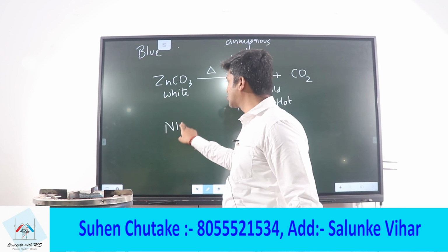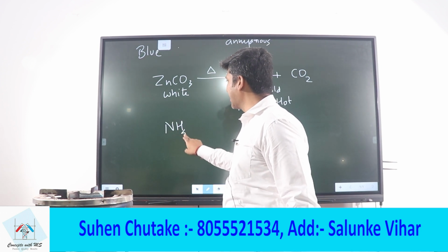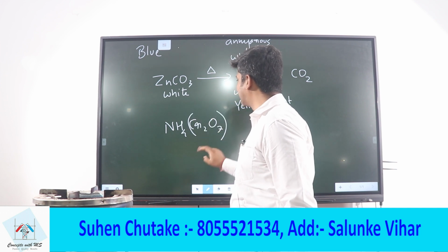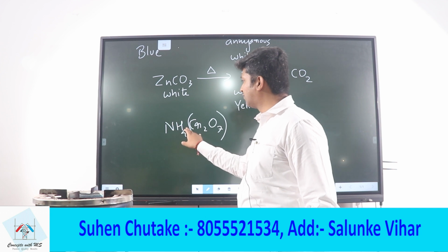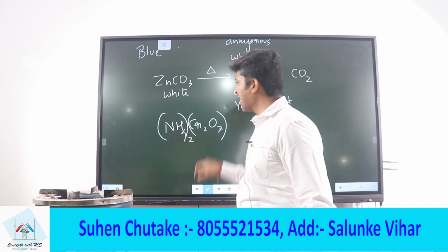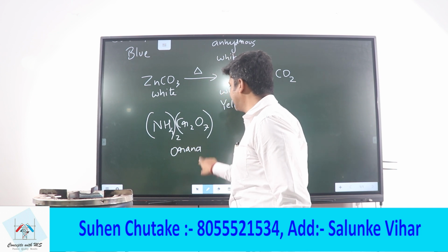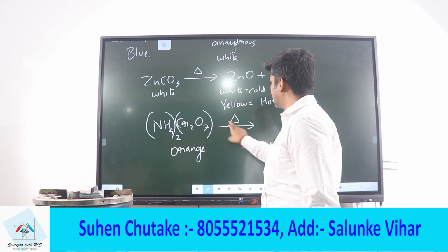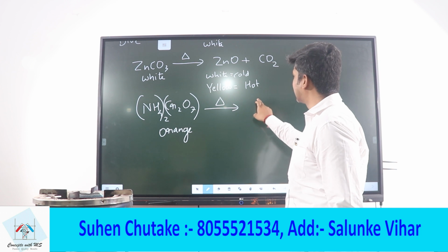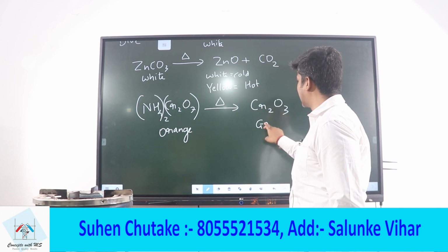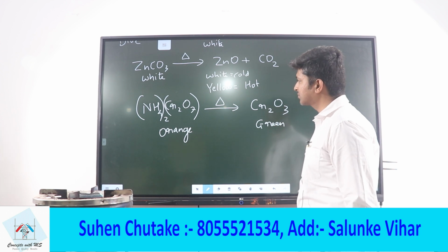Orange colored ammonium dichromate, (NH4)2Cr2O7, even K2Cr2O7 will have the same color. Ammonium dichromate is orange in color. On heating, it jumped off a little also and converted into Cr2O3, which is green in color.